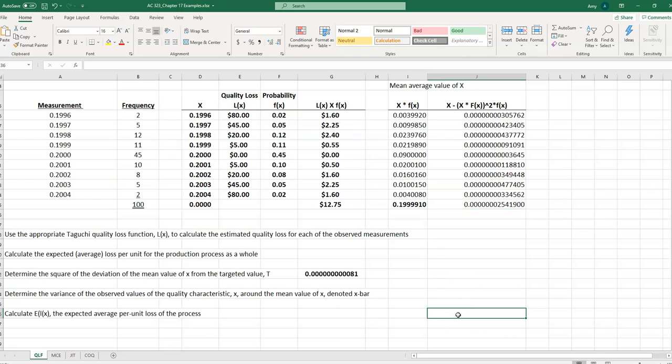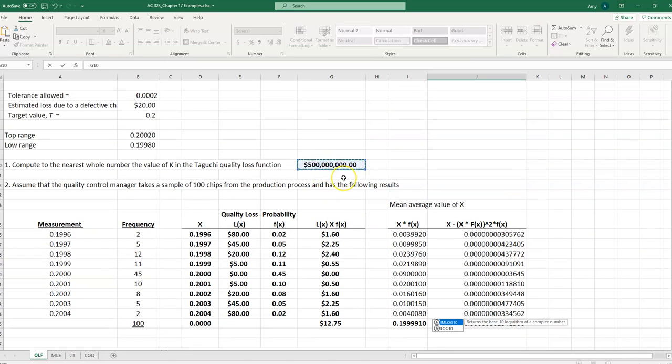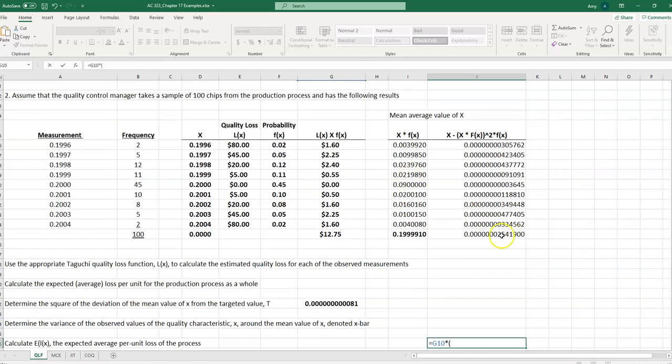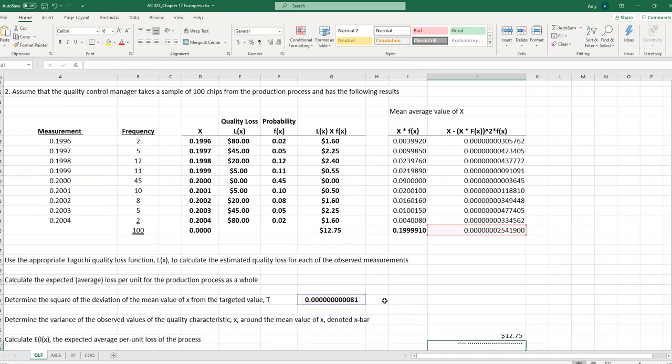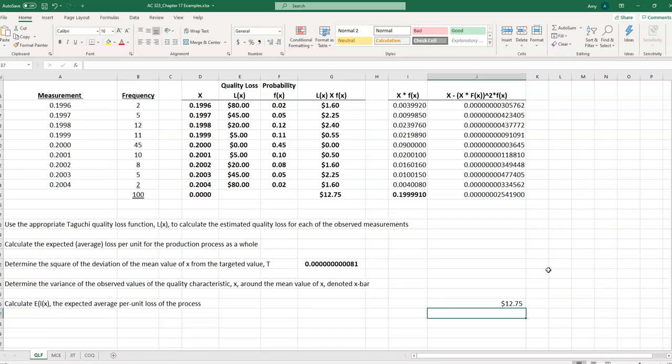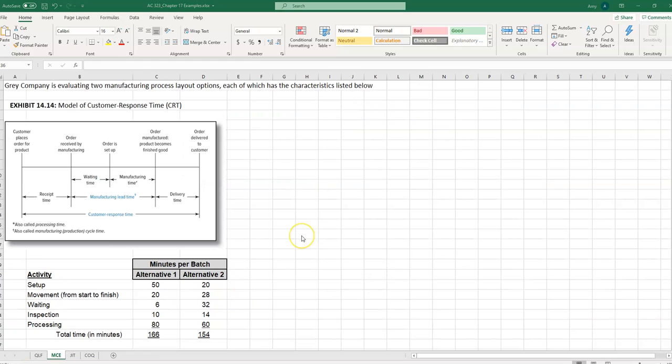For that expected per unit loss, take our k value times the variance plus our square of the deviation, and get $12.75. So on average, that variance is $12.75.